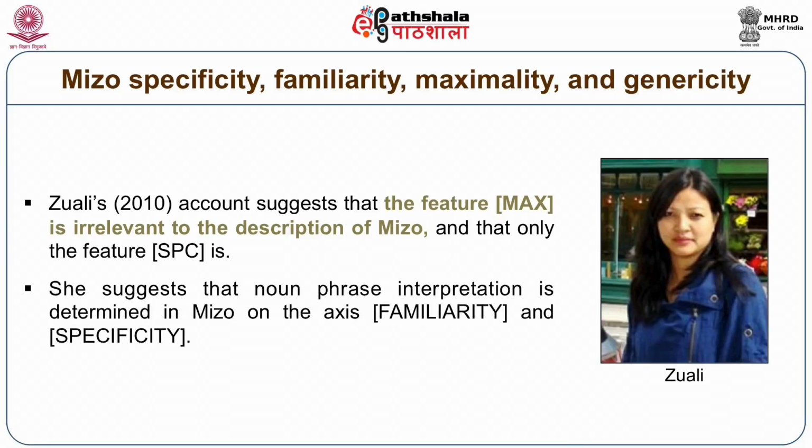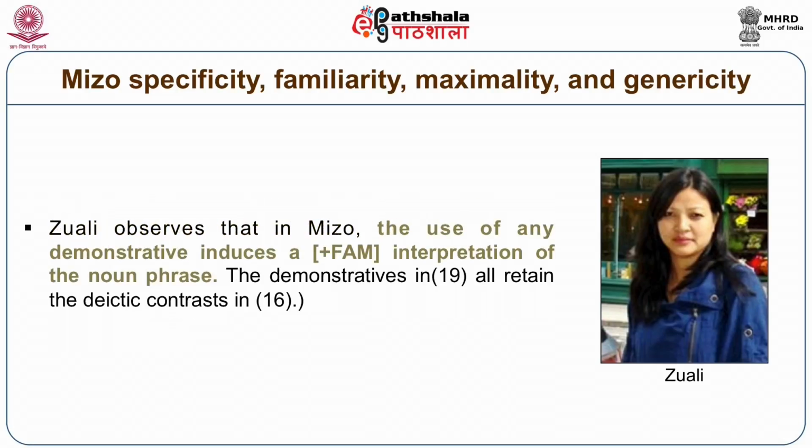She suggests that noun phrase interpretation is determined in Mizo on the axis of familiarity and specificity, as the use of any demonstrative induces a plus familiar interpretation on the noun phrase. All the demonstratives retain the deictic contrast.